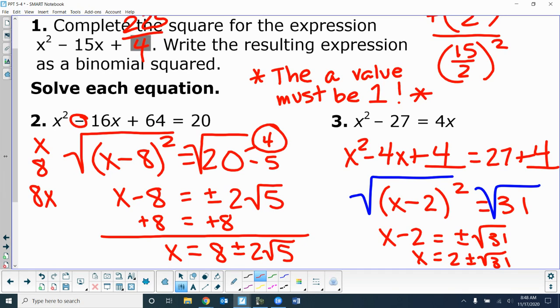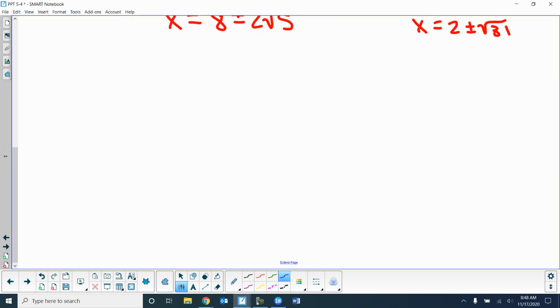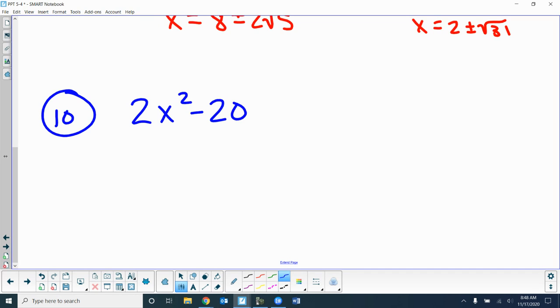Number 10, let's go ahead and look at that one because it had a 2 for A value, just to go over what we've got to do there. So it's 2x squared minus 20x equals 30. Okay, so the first thing you want to do is, I've got my x squared on the left, my constant on the right, so we're good there.